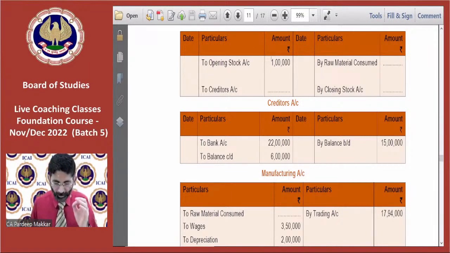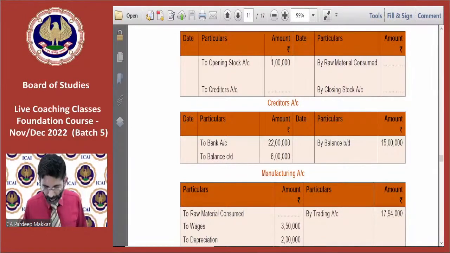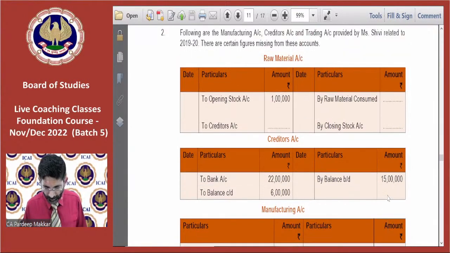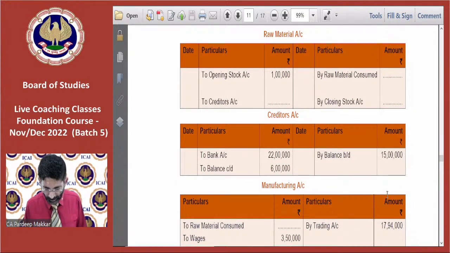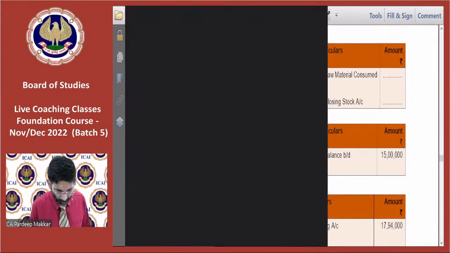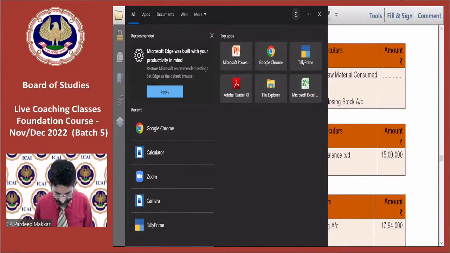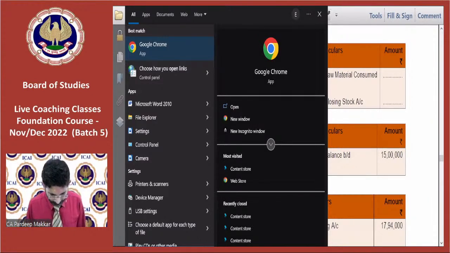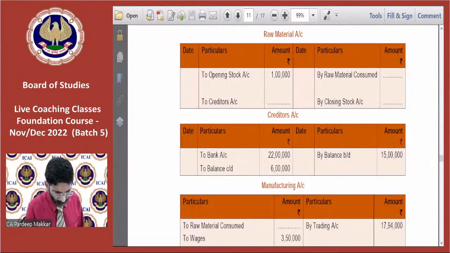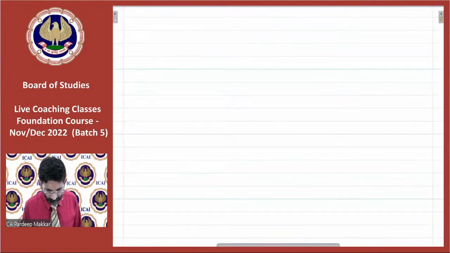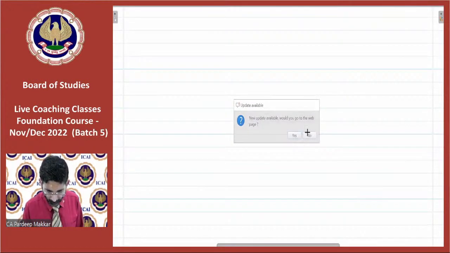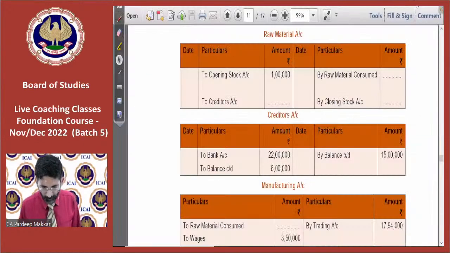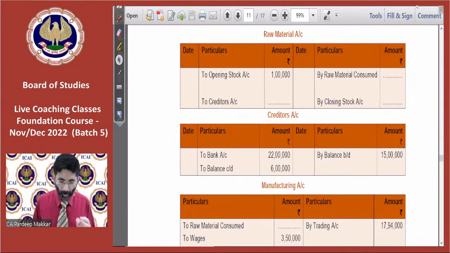From the knowledge point of view, you should be very clear that in a particular account given here, the raw material account, we are normally preparing it with opening stock, closing stock, and then whatever purchases we have made during the period.